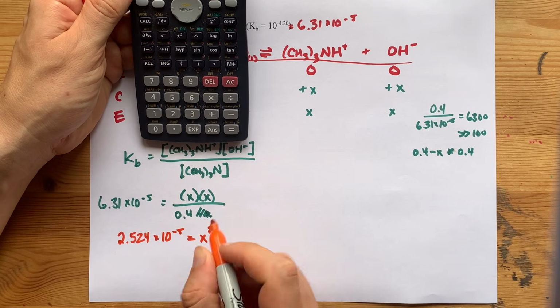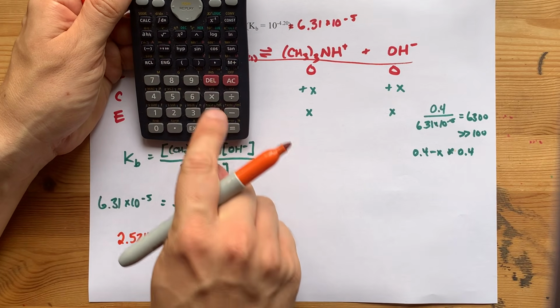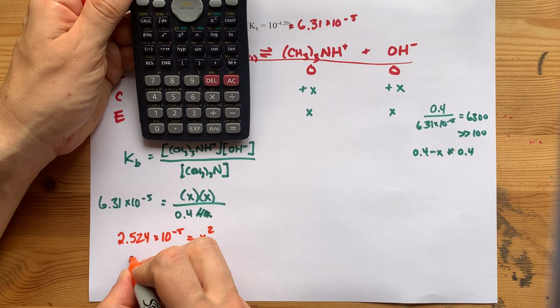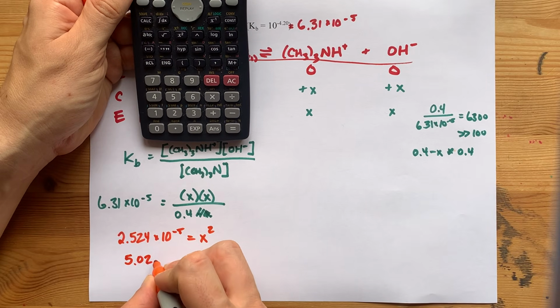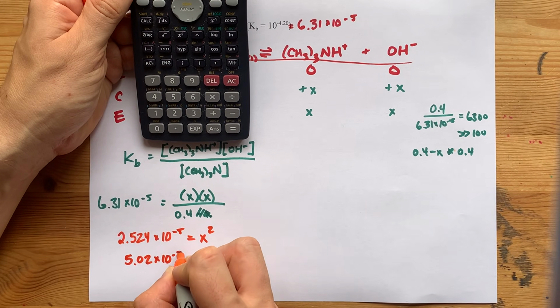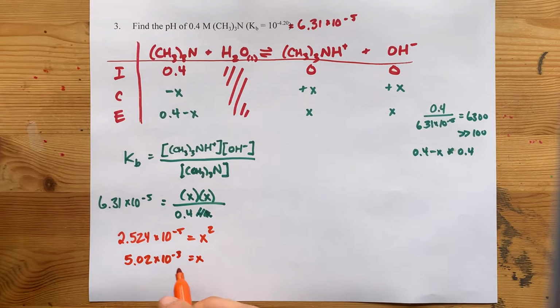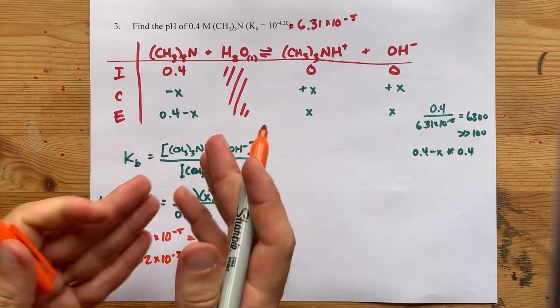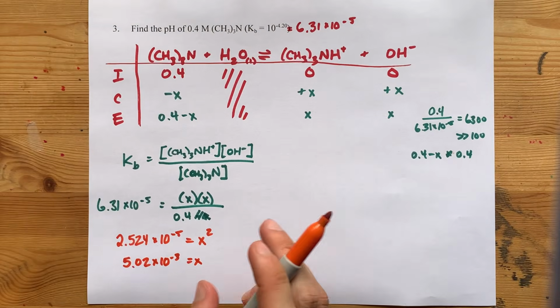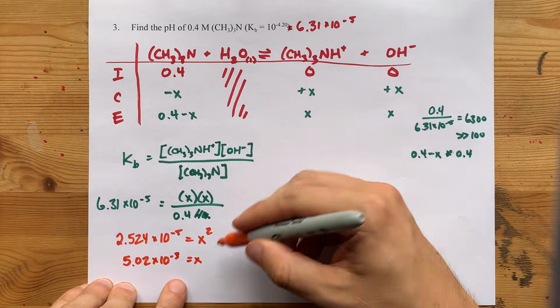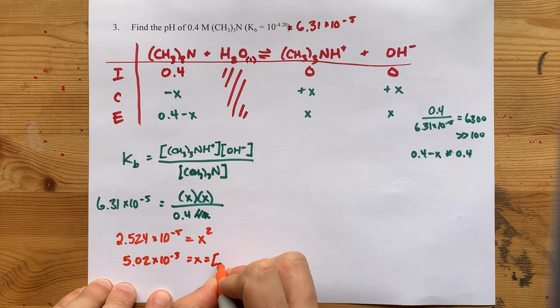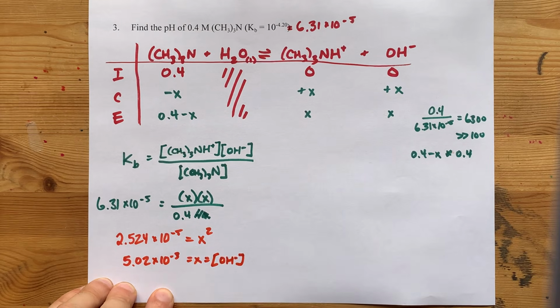That equals x squared, and I can square root both sides to get x on its own. That's 5.02 times 10 to the negative 3. Now that is not my concentration of H+. There is no H+ at play here. It is instead the concentration of OH−.